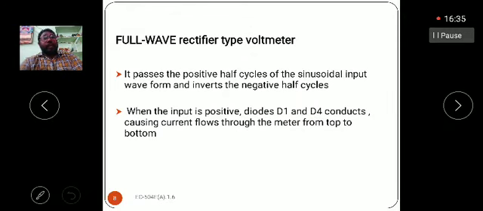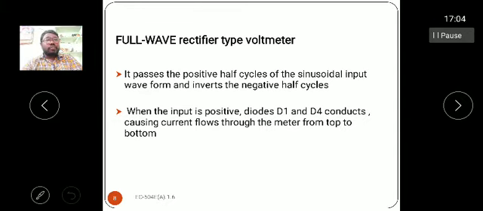The full wave rectifier type voltmeter passes the positive half cycles of the sinusoidal input waveform and inverts the negative half cycles.